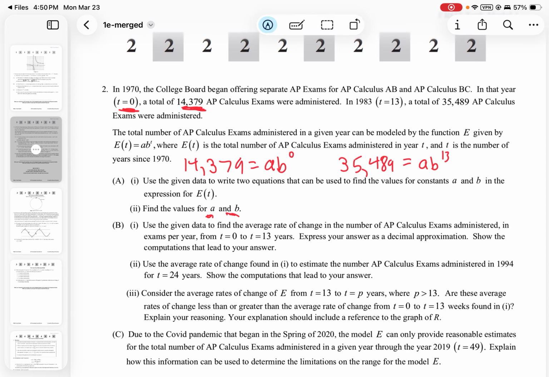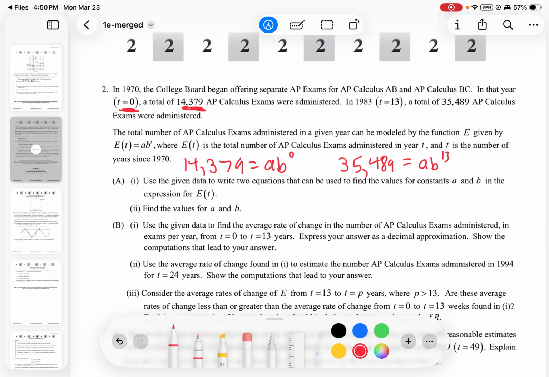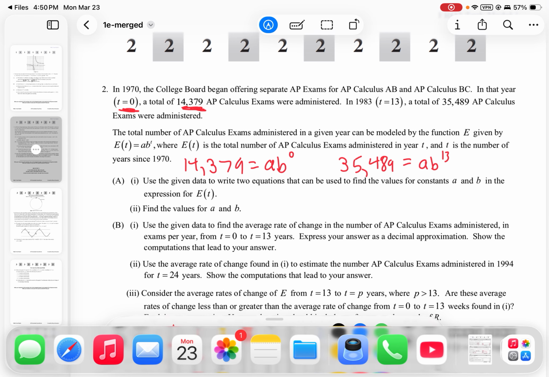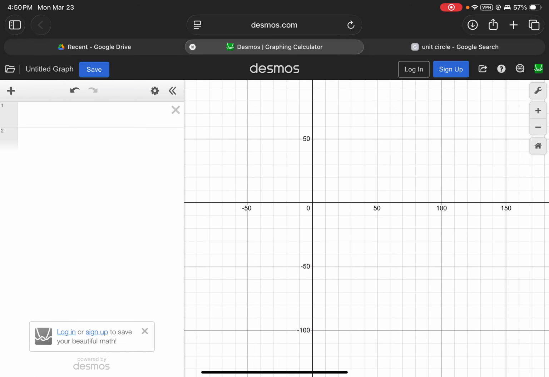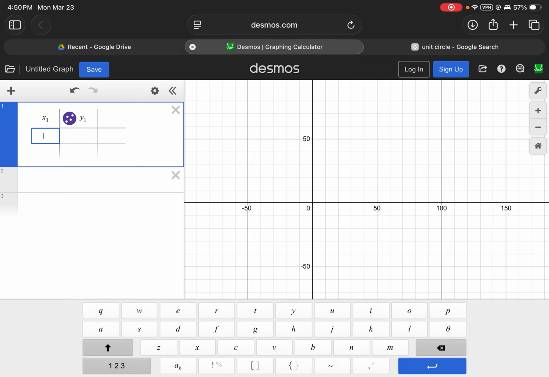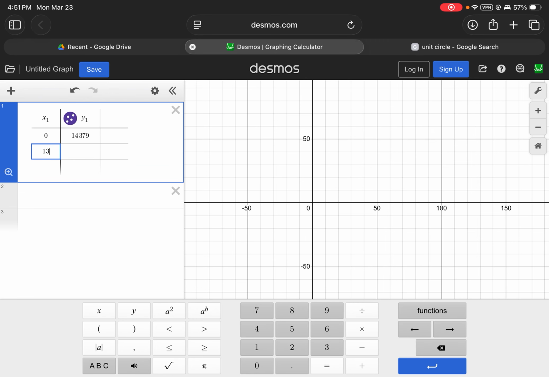You can do this algebraically, and it's a good skill to have, but we're just going to use Desmos. So we're going to open up Desmos, clear this out, and add the table. At year 0, I believe it's 14,379, and year 13, it's 35,489.